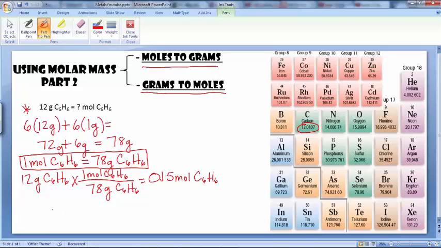So we just did a direct conversion from grams to moles using the molar mass. That is what we just did.